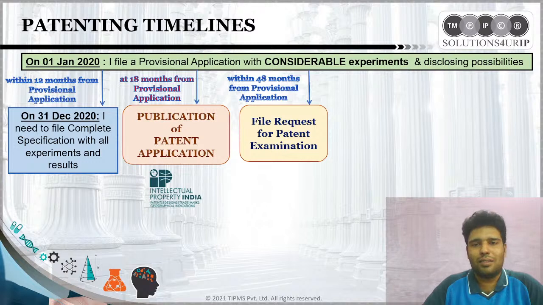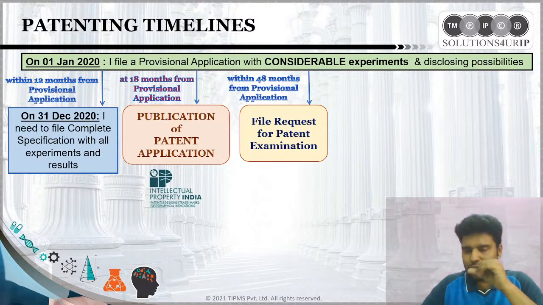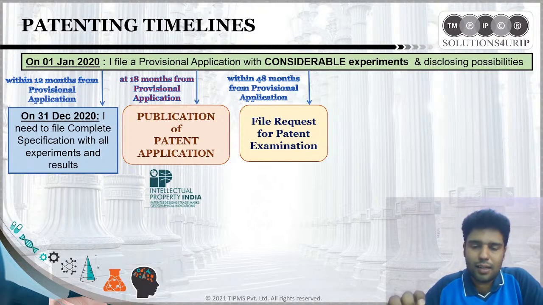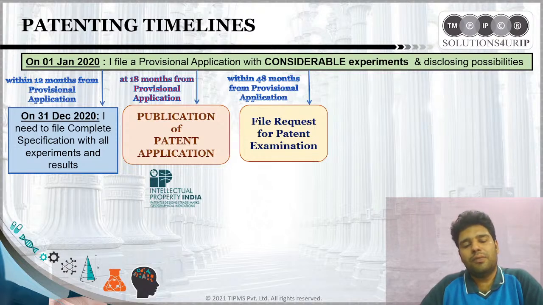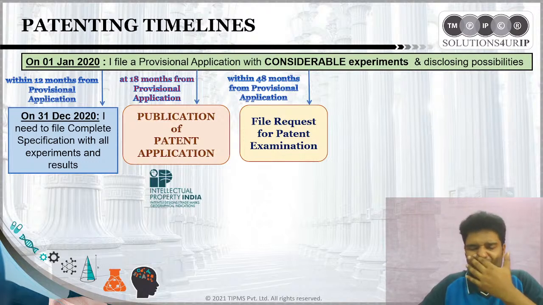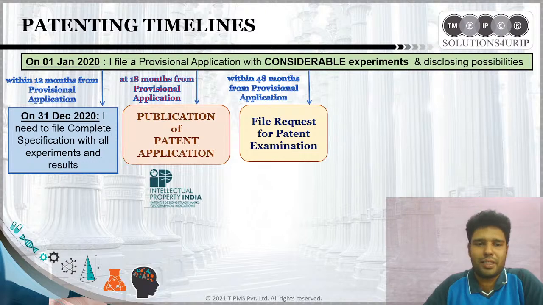Okay, even if you don't remember the corresponding section numbers, remember this particular fact. The question may come, the answer remains the same, the question may come again in various forms. Therefore, to get your patent examined, you have to file the request for patent examination within 48 months of provisional application.